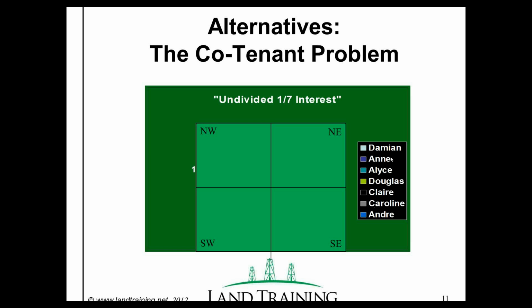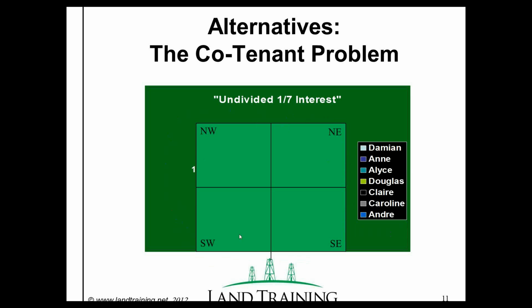Now, is that fair to my brothers and sisters and I? And the answer is it depends. Because if we sign an oil and gas lease, let's say that we each sign with a different oil and gas company, those oil and gas companies are going to get together and form a joint operating agreement so that they can jointly operate this property.